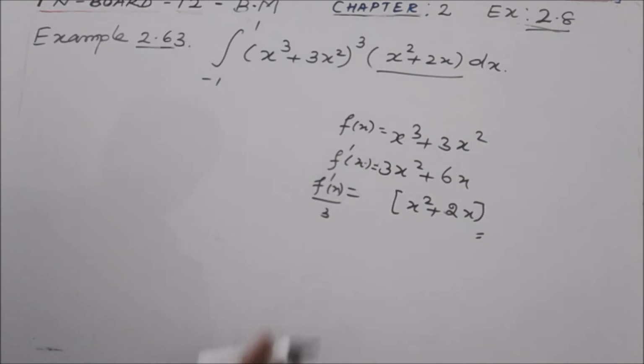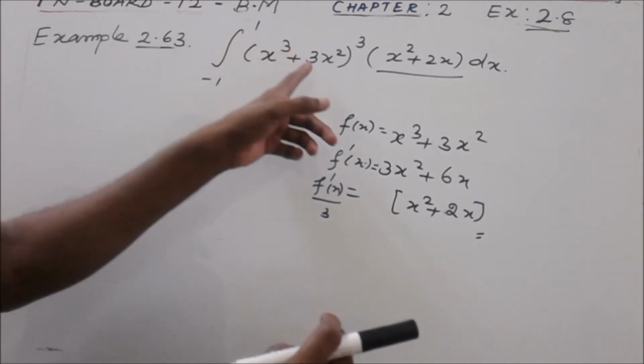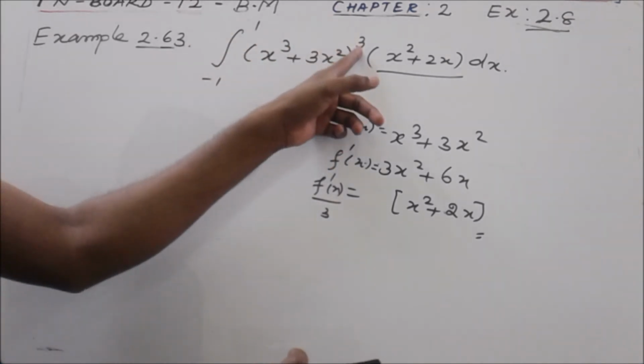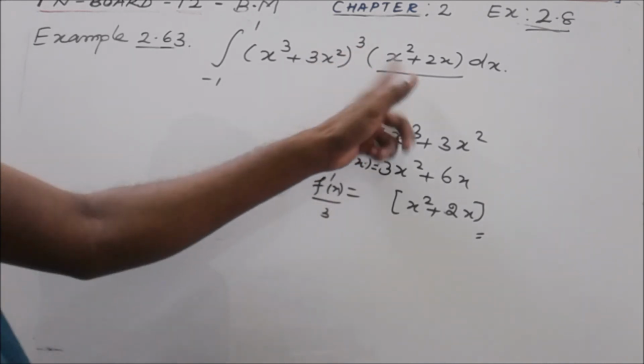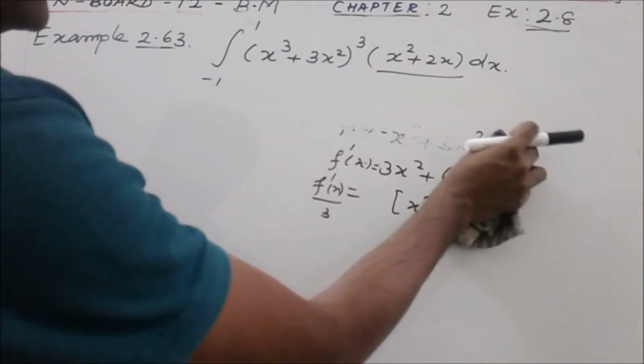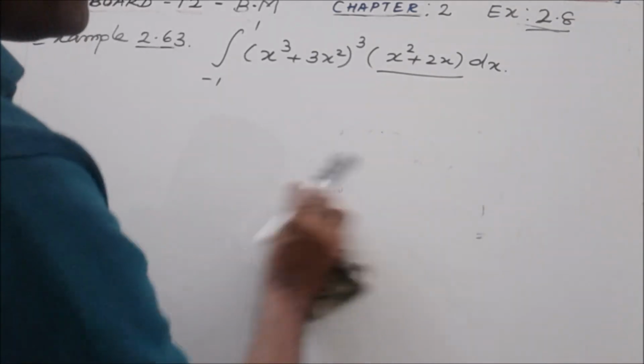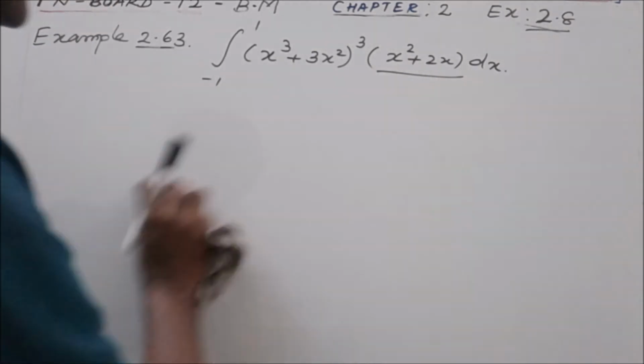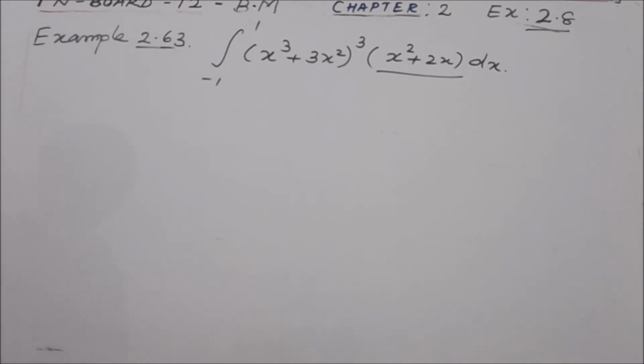So we can go with this substitution and easily complete. Else we should expand it by power 3, then multiply with the term x square plus 2x, then integrate. That will be more difficult comparatively.